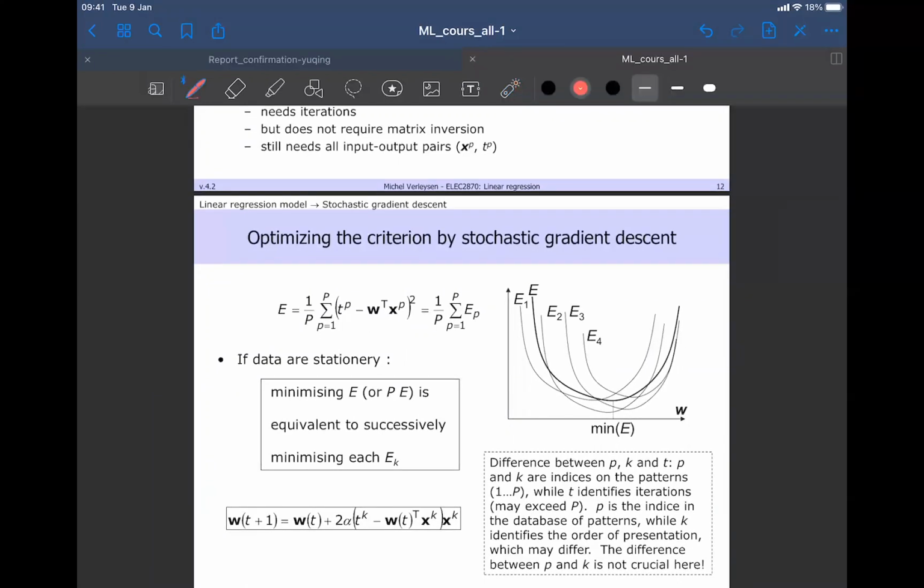So you can have my error on one sample. So it's decomposed. Let's say we just take this part, so one sample. And instead of minimizing the whole energy curve, I can equally minimize the error I make on each point sequentially, and I will also tend to some minimum.